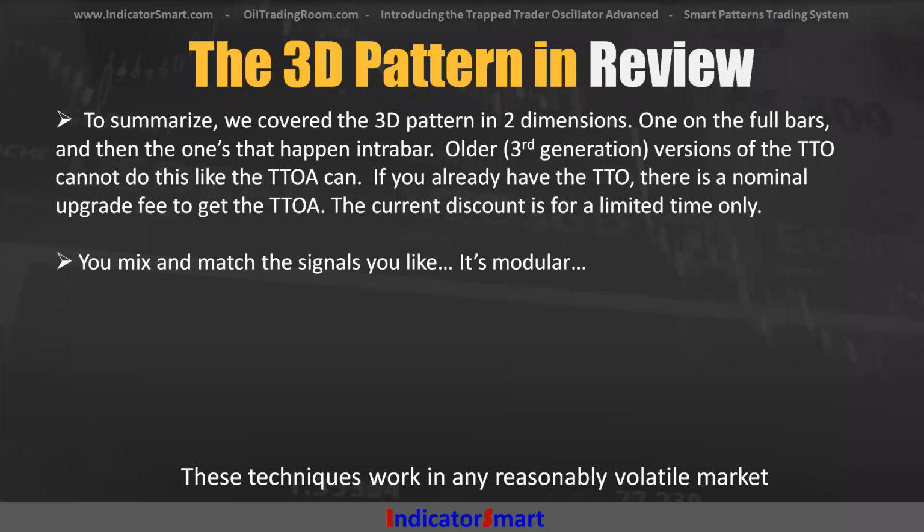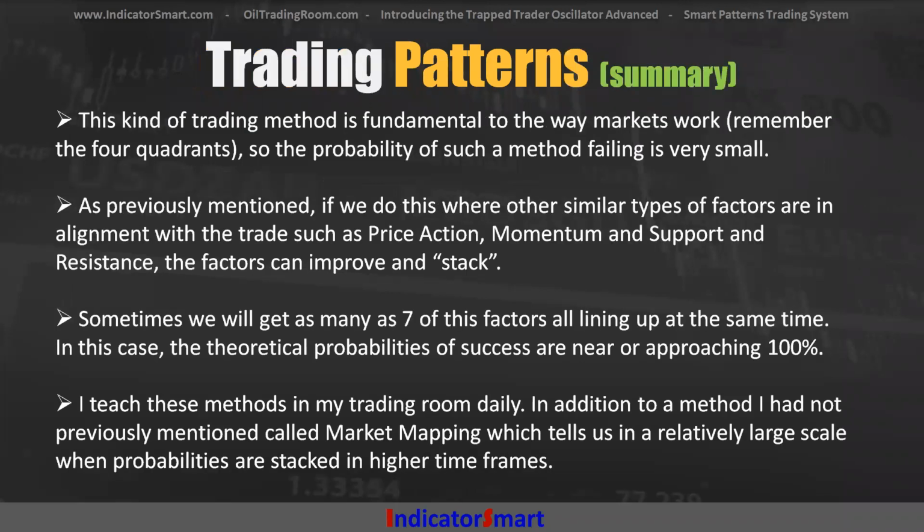It's modular. So this kind of trading method is fundamental to the way markets work, from the 4 quadrants and the shapes or the geometries. So the probability of such a method failing is small, because if any one of the components were to fail, then it would only take away a small amount from the system. Like if one 75 goes to 90, two 75s is 90, three 75s is 96, four 75s is 99.